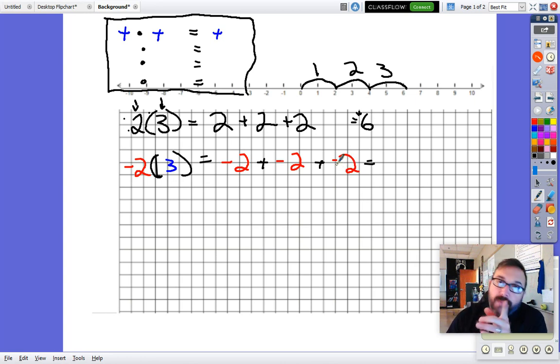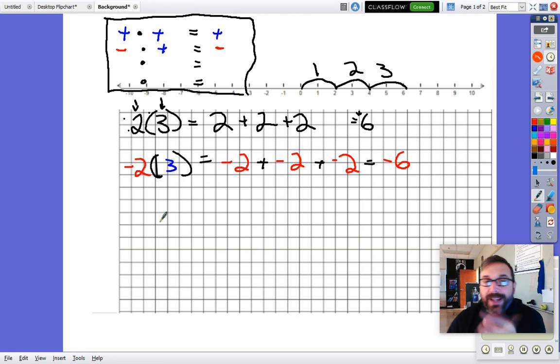And if you remember from our last video, adding the like signs, they just add and we keep the same sign. Well, these are all the like signs. So 2 plus 2 plus 2 is going to be 6, and I'm going to keep the sign, which would be a negative 6. All right, and now let's go on ahead and write this down. So we have a negative times a positive, and that yielded a negative response.